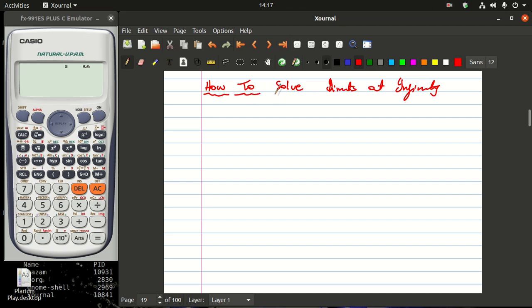I'm going to give you a couple of methods on how to solve this, and also another thing that I want you not to be trapped with when solving limits at infinity is this: infinity is not a number, it's a concept of a big number. So I don't want you to say that infinity is a number.